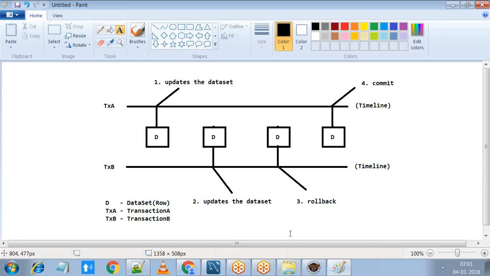Either it executes successfully, or it can fail. That's not a problem. Once it executes successfully or fails, it is supposed to release the lock. Till that time it will retain this write lock, till the end of the transaction, on this particular data set.